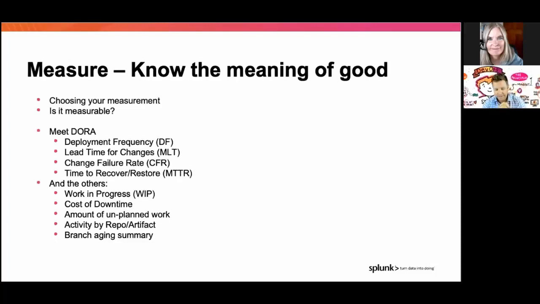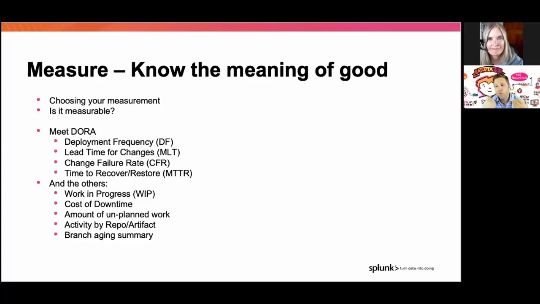Now let's get to the fun part, which is the metrics, knowing the value of good. This is where customers that I've worked with get really, really excited about what is possible. The first thing you have to decide is, what are you going to measure? There are so many metrics you can measure and so many reasons to do that.